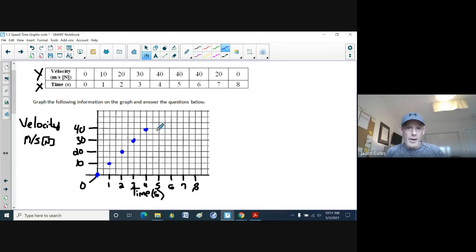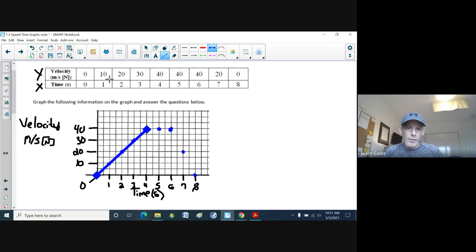Then 5, we're at 40. 6, we're at 40. So I'm just graphing the information here. 7, we're at 20. And then 8, we're at 0. All right, so there's our graph. I wonder if I got some nice lines here I can draw.